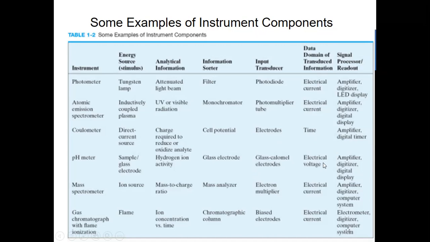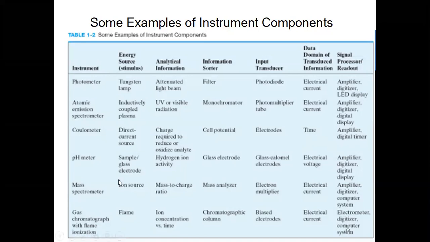Then the signal processor or the readout device again transduces this electrical signal. It can amplify, digitize this, and then display it. In the small display, we can read the hydrogen ion activity.